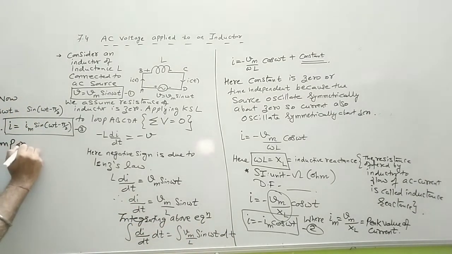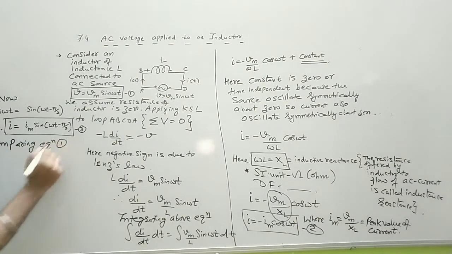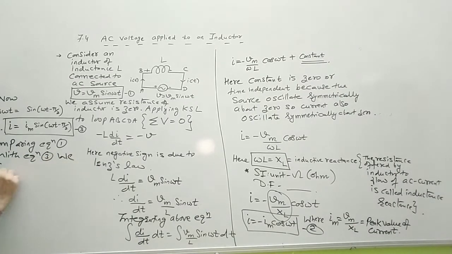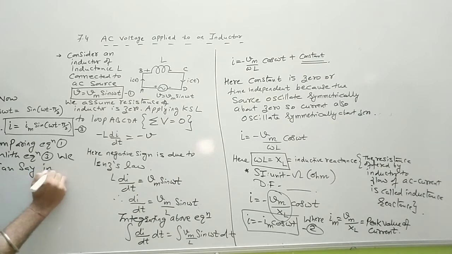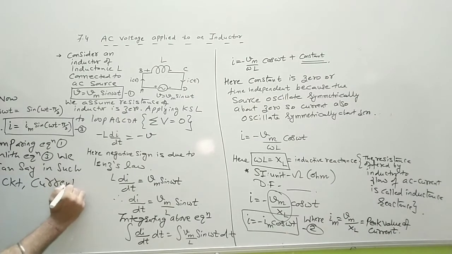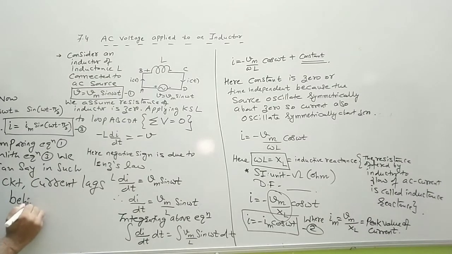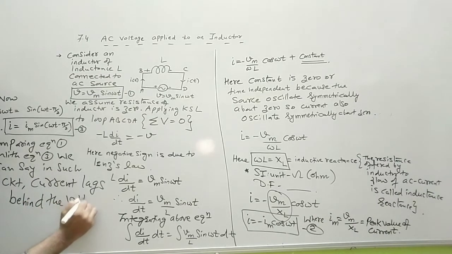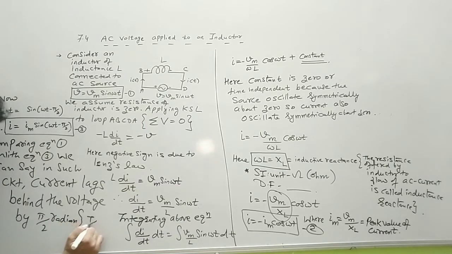So comparing equation 1 with equation 3, we can say in such a circuit the current lags behind the voltage by pi by 2 radian or T by 4 time.